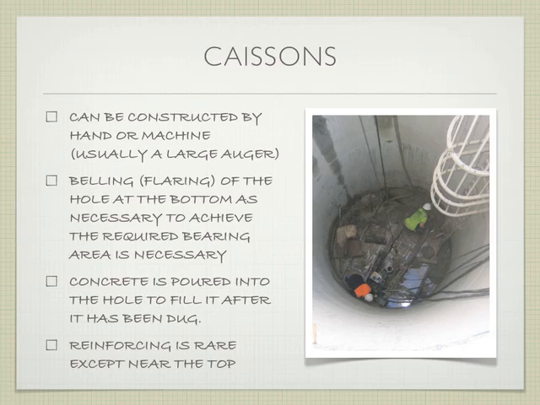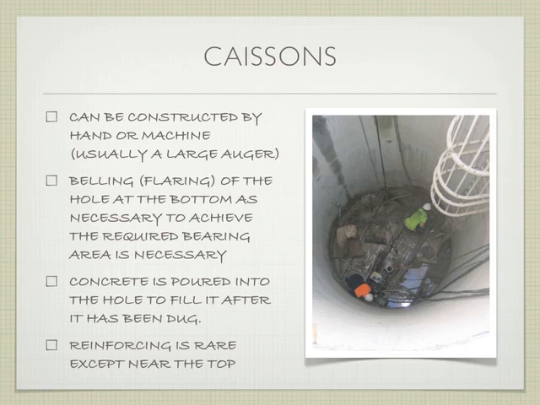Often there's a belling or a flaring of the end of the hole. When you get down to the bottom, this increases the surface area that it can bear weight on. Remember, the soil can only bear a certain amount of weight, so we flare out the end of this caisson to give us a little more surface area.